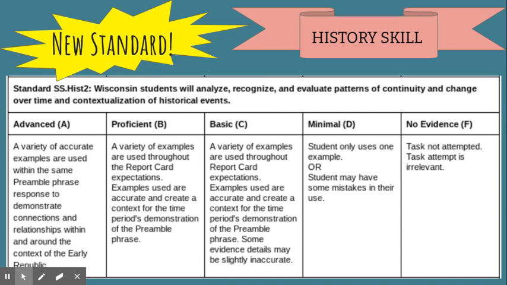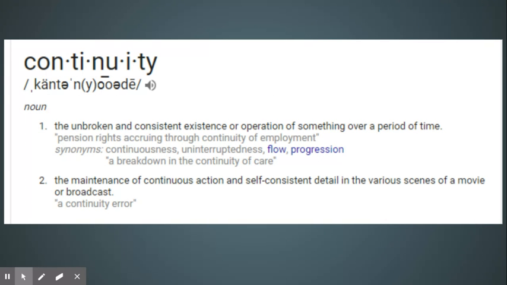Now, let's look for a hot second at what is continuity and what is change. Continuity is, very plainly, the unbroken and consistent existence or operation of something over a period of time. So basically, continuity are things that stay the same, that are continual.